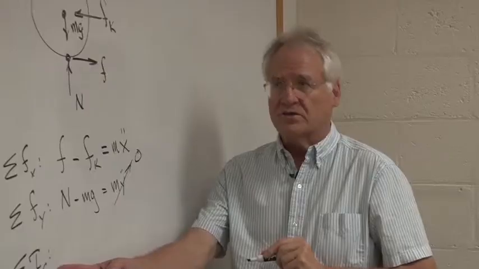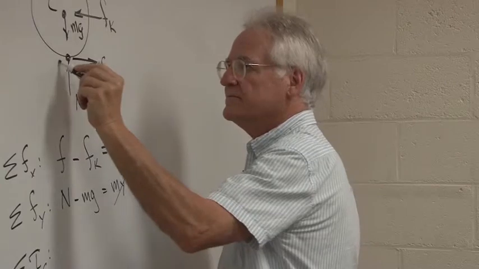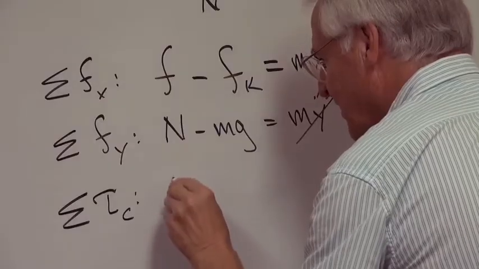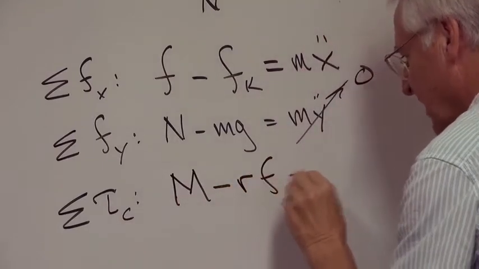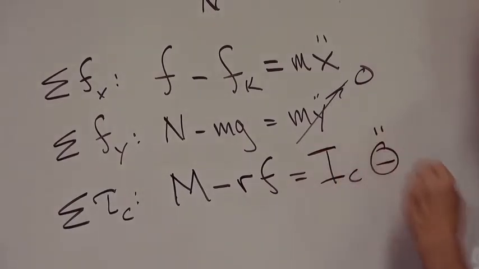Now summing torques or moments about point C, we have M minus r times F equals the moment of inertia times theta double dot.